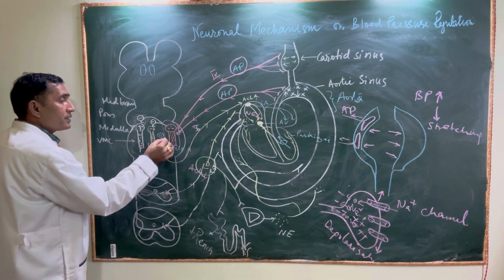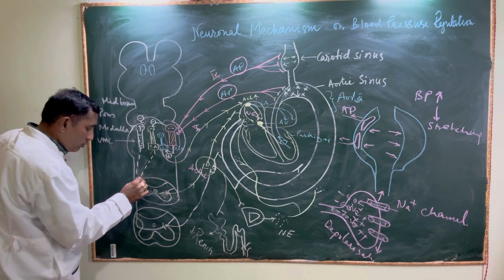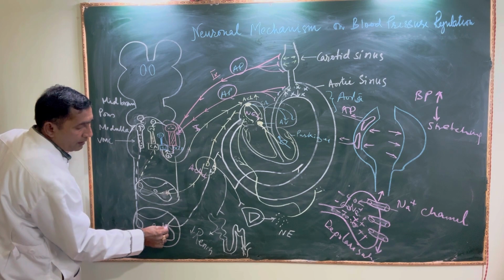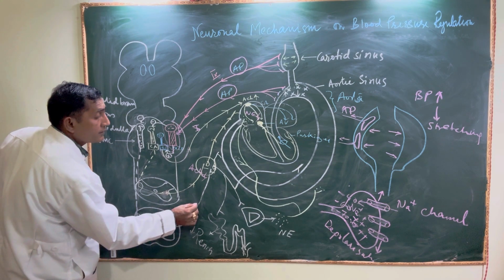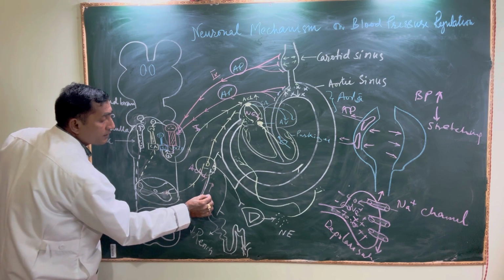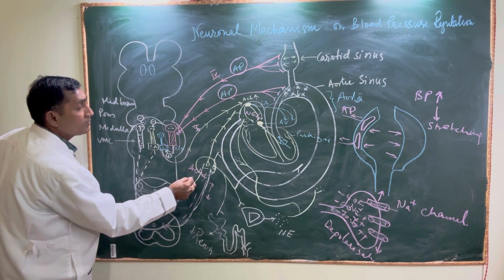And this nucleus tractus solitarius can also inhibit the vasomotor center, and again we have the lateral horn of the spinal cord, that is the center of sympathetic, and this sympathetic is inhibited.